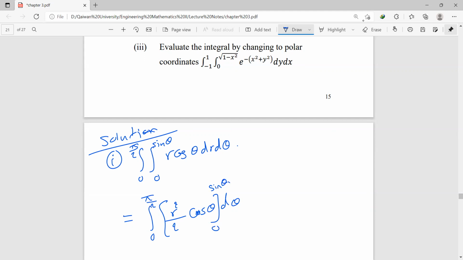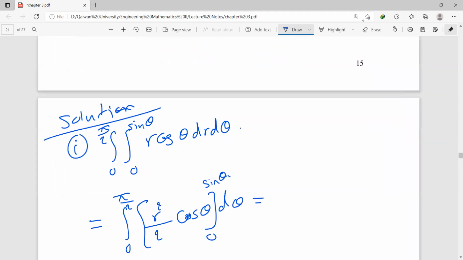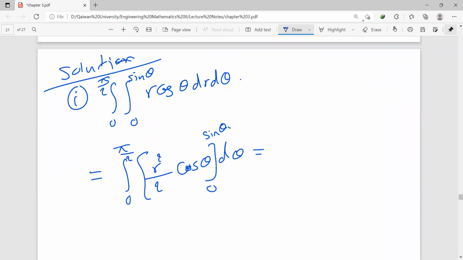Okay. Now we replace r by sine theta, then we replace r by 0. We get the integration from 0 to pi over 2 for sine theta squared times cosine theta over 2, minus.